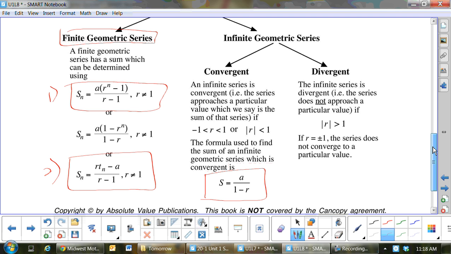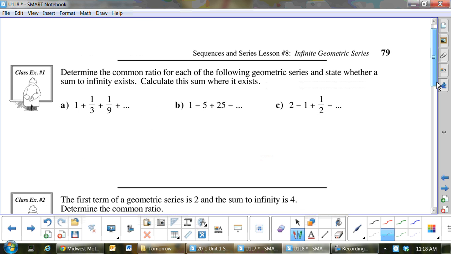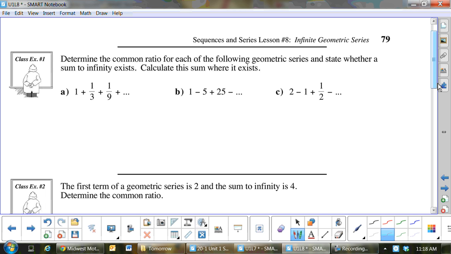Okay, so let's figure out what I'm even talking about here. So let's go to this question here. Let's do A. Now, again, I want to find the sum of all those things, yet they go forever. I'm going to show you something here. Let's use the finite sum formula, and let's do 100 terms.